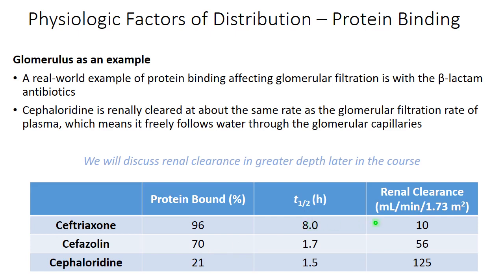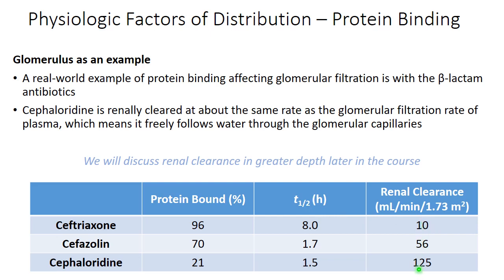And if we translate that to the renal clearance, because the half-life from the plasma encompasses all the different elimination routes, the two major ones, liver and kidney. Most beta-lactams are eliminated renally, though, so that half-life is mostly accounted for by the renal clearance. The renal clearance here is only 10, and we'll get into what clearance means specifically in a later lecture. But the lower the number, the slower the elimination.